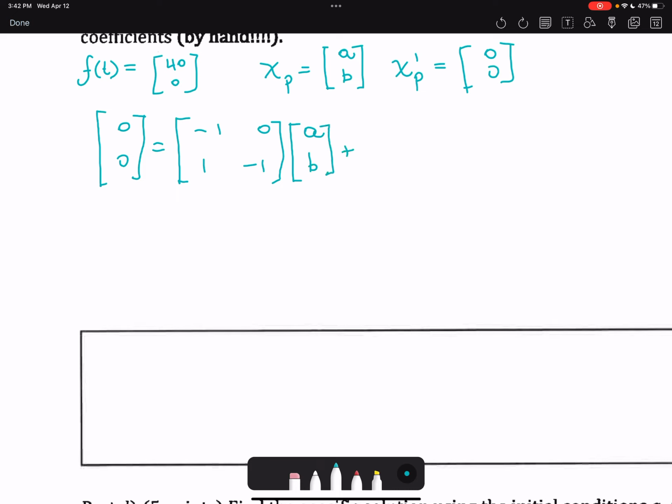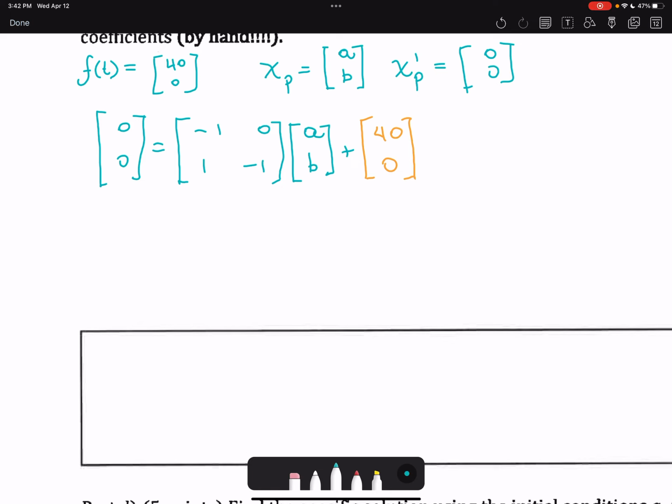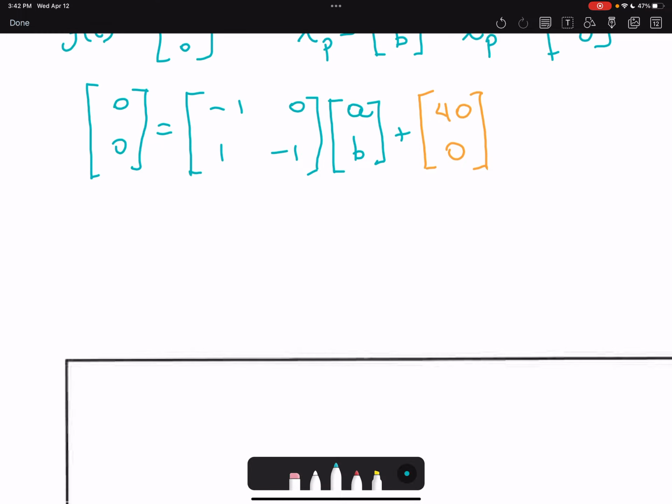I'll do it in a different color. This is the part I always forget. You need to add this, otherwise you guessed a solution for the non-homogeneous case, but you're checking it in a homogeneous case. No, you want to check it in the non-homogeneous case.